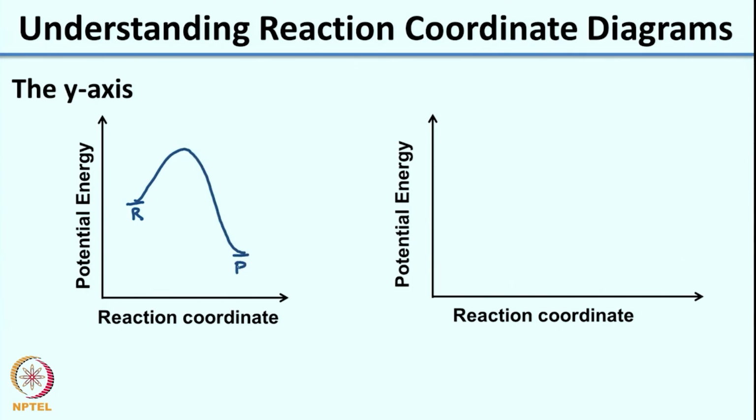Your y axis gives you the potential energy. What you can see from this is that if I compare R versus P, you can look at the energy difference and you can say that R has more energy than P.